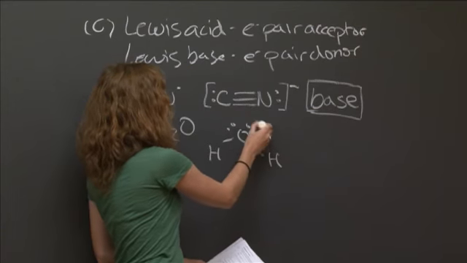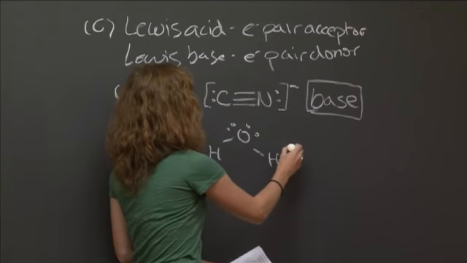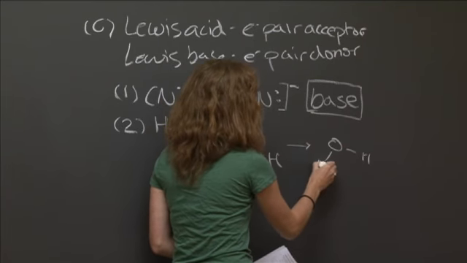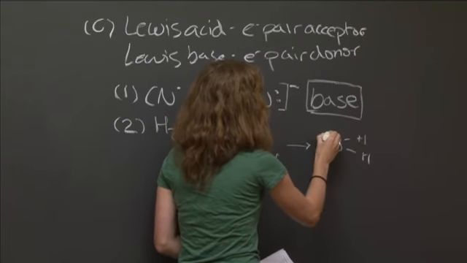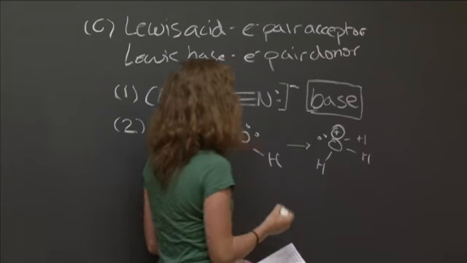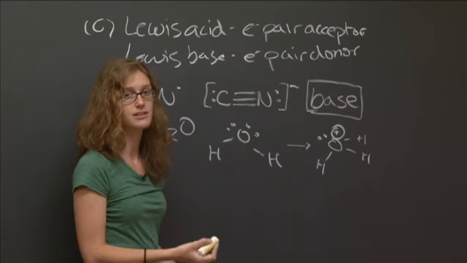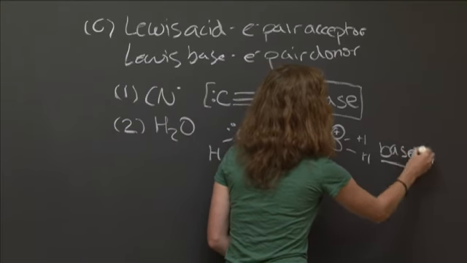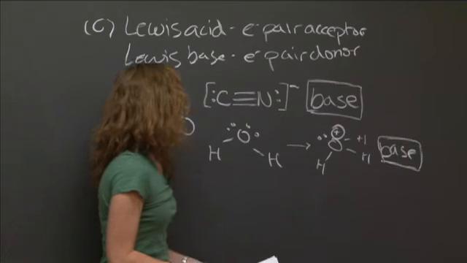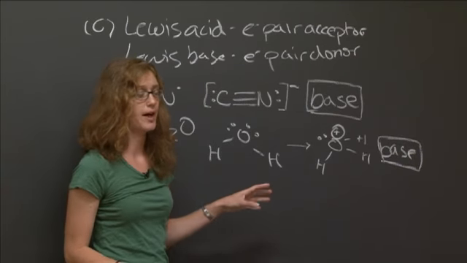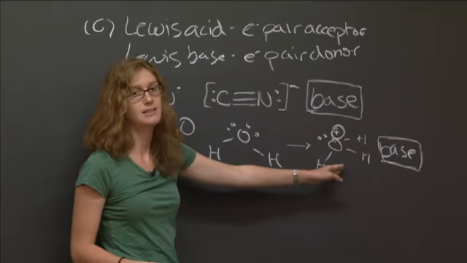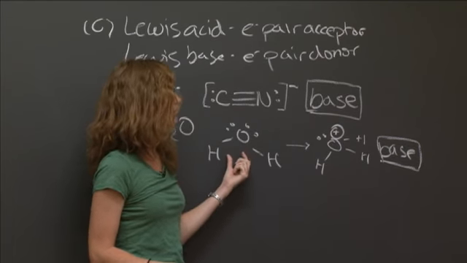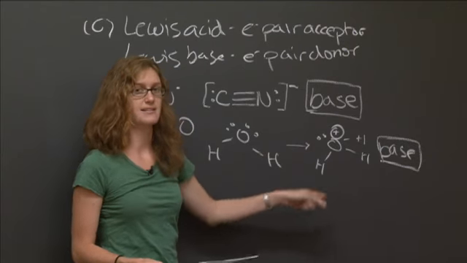Because these electrons can go and grab something like a proton and form the hydronium ion with a positive charge, thus acting as a Lewis base. It's important to remember that even though we're creating an acid in the hydronium ion, this water molecule, in converting to the acid, acts as a Lewis base.